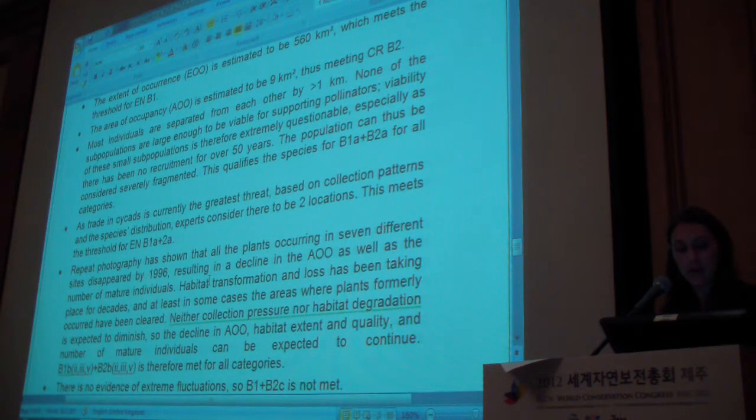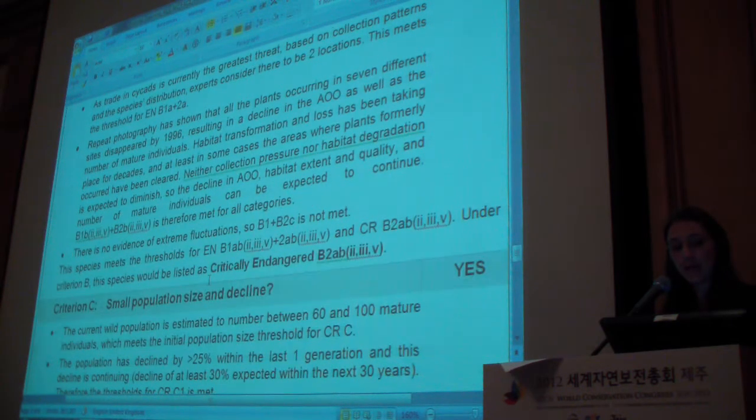So if we look at B, because this repeat photography has shown that the plants occurring in those 7 different sites disappeared by 1996, that can be interpreted to mean a continuing decline in the area of occupancy as well as the number of mature individuals. So that's 2 and 5.